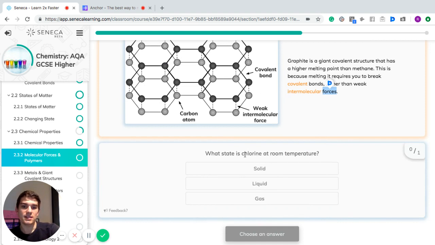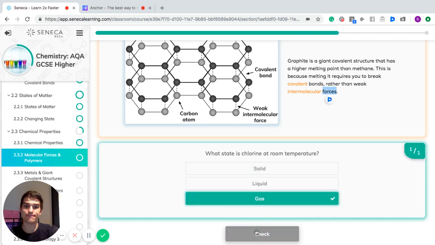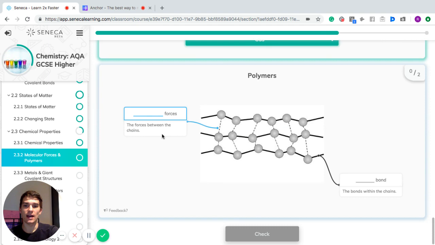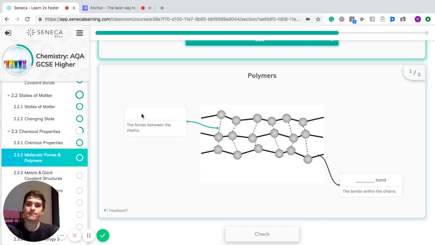What state is chlorine at room temperature? Remember, that is a gas. And the forces between chains in polymers are intermolecular forces, and the bonds within the chains are covalent bonds.